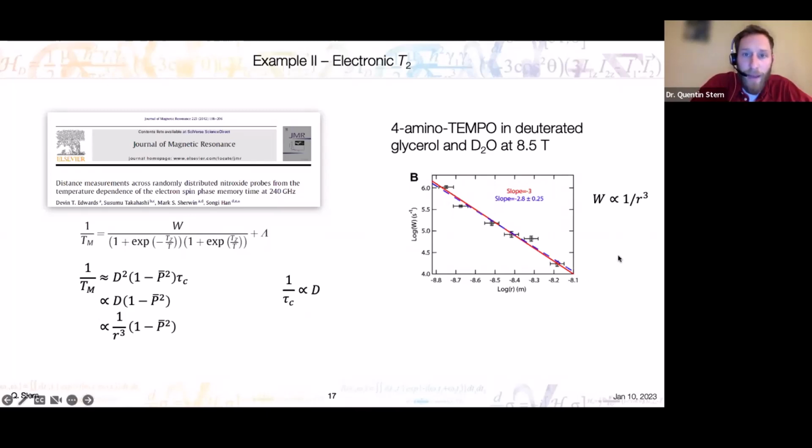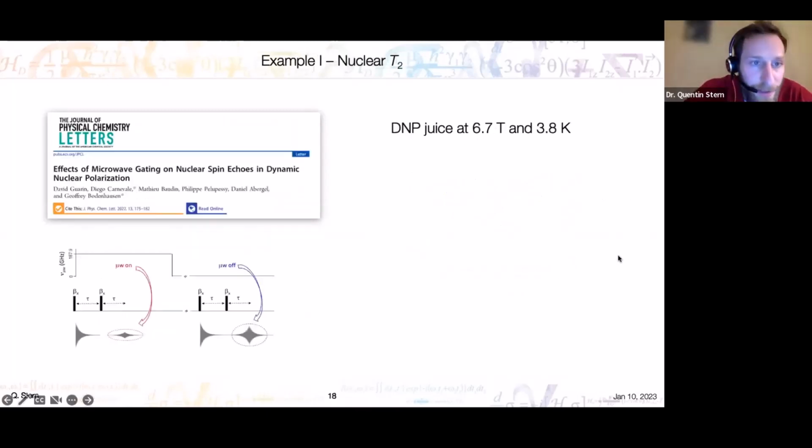Now I move to a paper by Geoffrey Bodenhausen and co-workers in Paris, where they observed that gating the microwaves had an effect on the T2 of the nuclei. This is DNP juice and other materials, but in all cases, frozen solutions.